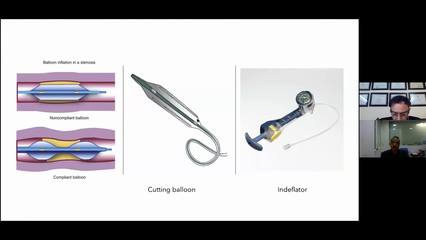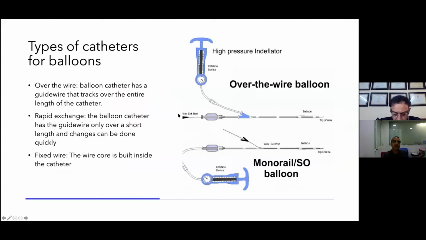Then there are different types of catheters which are used for balloons. This is the over the wire catheter. In this, the balloon catheter has a guide wire that tracks over the entire length of the catheter, so you have the guide wire coming out of the tip and the hub here. What started off in coronary interventions and which we now use in peripheral as well is what we call the monorail or the rapid exchange catheter.